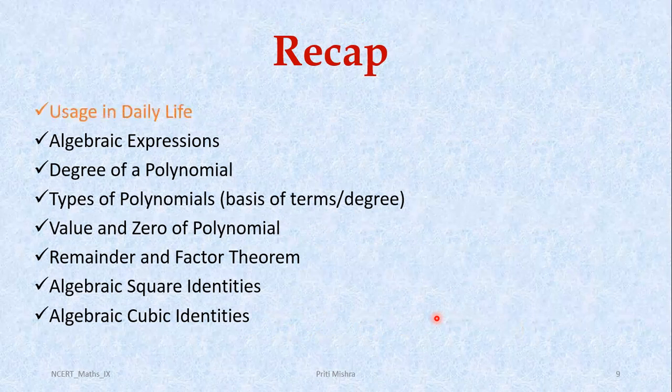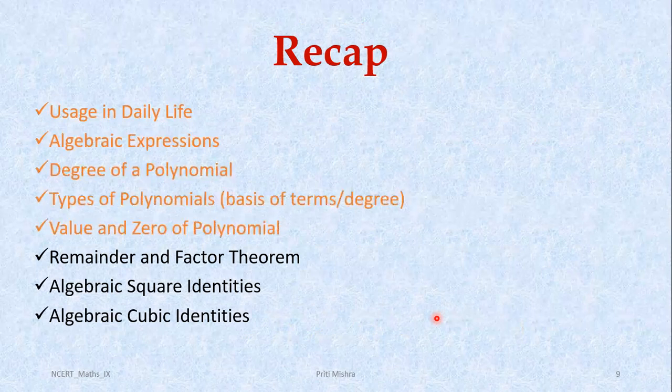I have covered uses in daily life, algebraic expressions, degree of polynomial and types of polynomials in my first video, then value and zero of polynomial, remainder and factor theorem in the second video, then algebraic square identities in the third video, and this is the fourth video where I have discussed algebraic cubic identities.